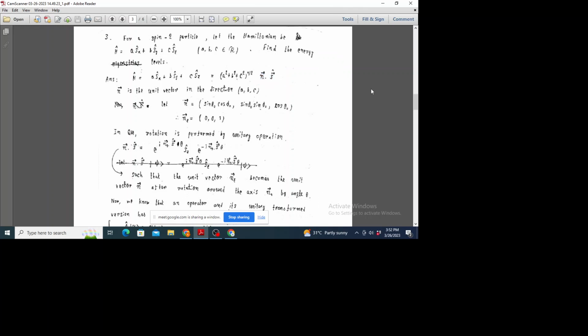Okay, so you can reach this vector by rotating your SZ vector, like SZ component.